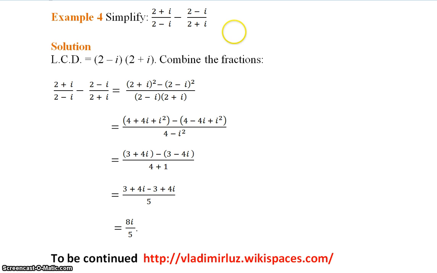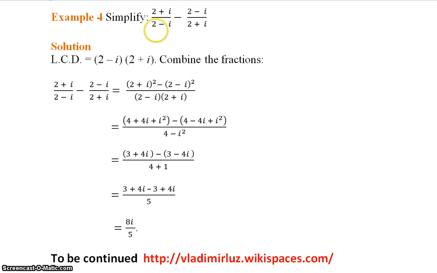Example 4. Simplify. This is a difference of two fractions, and each fraction is a fraction in which numerator and denominator are complex numbers. So we have to subtract 2 plus i over 2 minus i minus 2 minus i over 2 plus i.